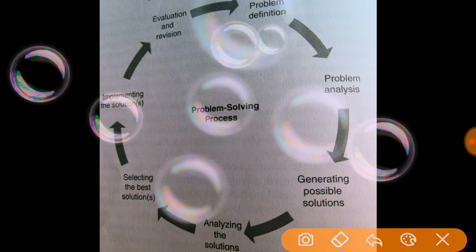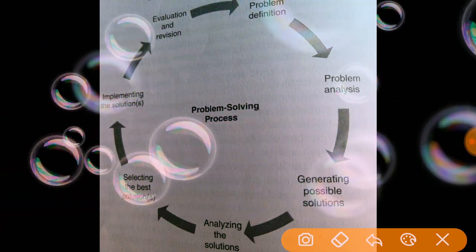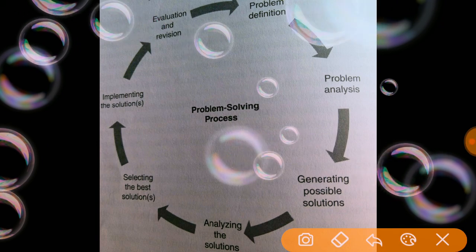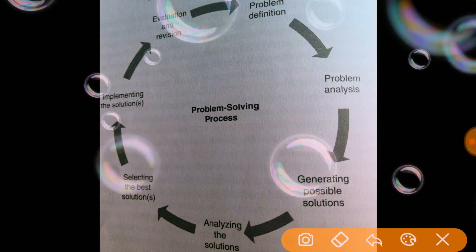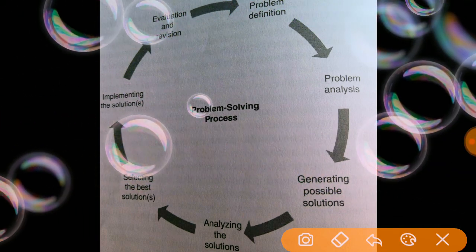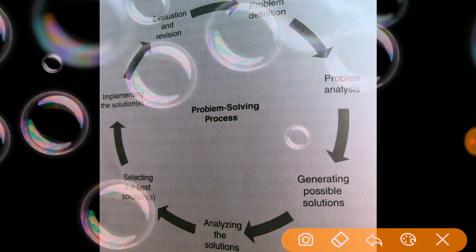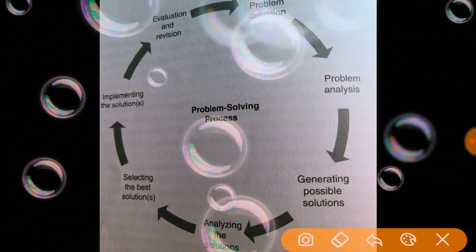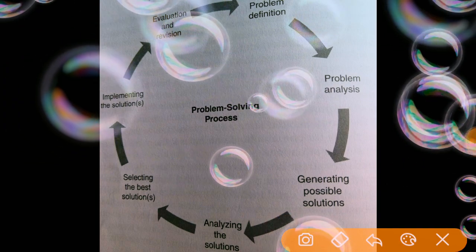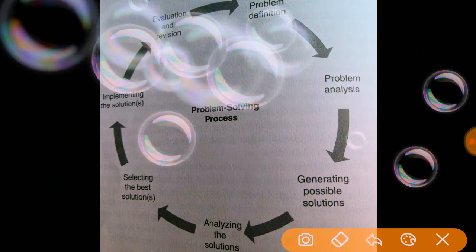In the previous slide we saw just the steps: how we have to recognize the problem, how we have to choose the alternatives, then implement, then evaluate. Coming to here, what is the process to solve the problem?